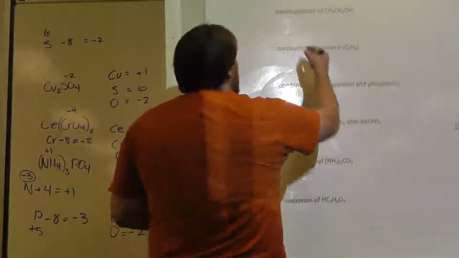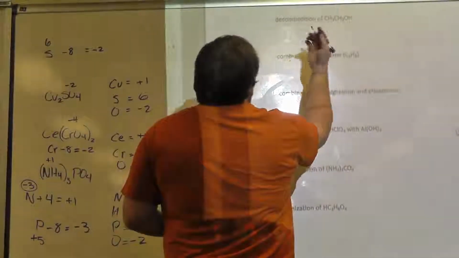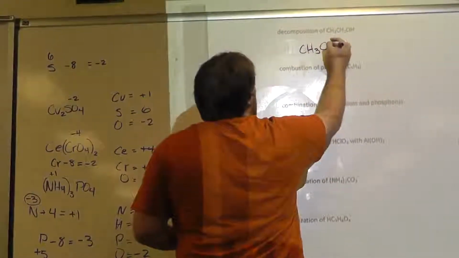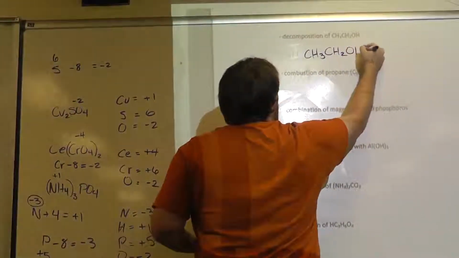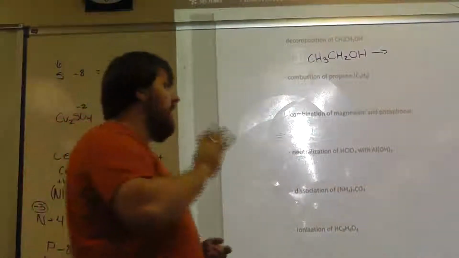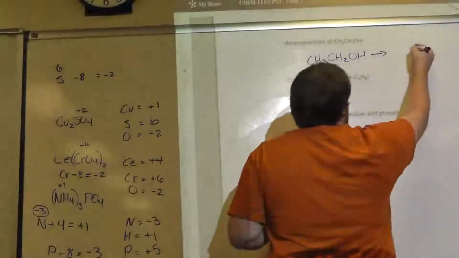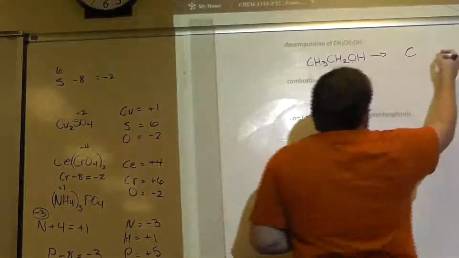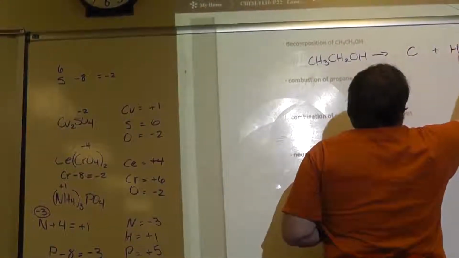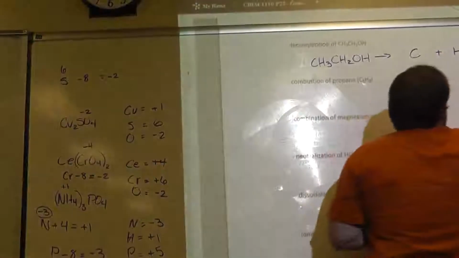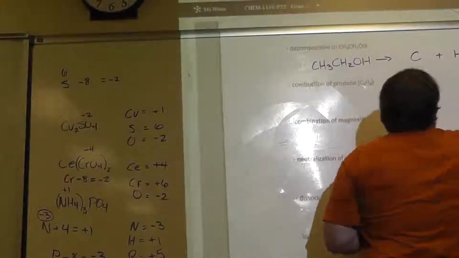So if you're going to decompose this ethyl alcohol here, we're going to assume we take enough energy to break it down into elemental form all the way across. So we're going to break it down into elemental carbon. Elemental hydrogen, though, is diatomic. Okay? So is elemental oxygen. So you've got to treat them like that.